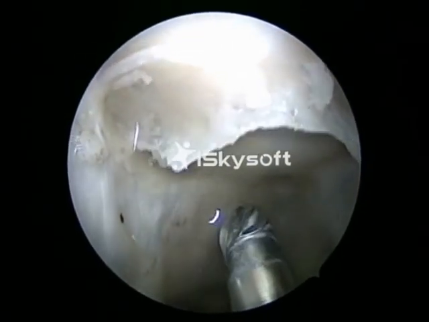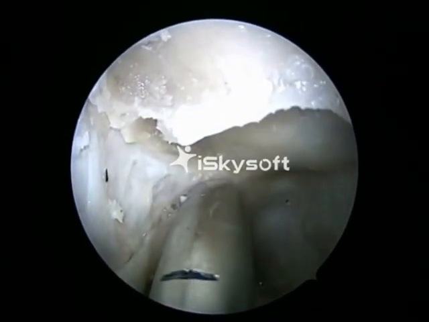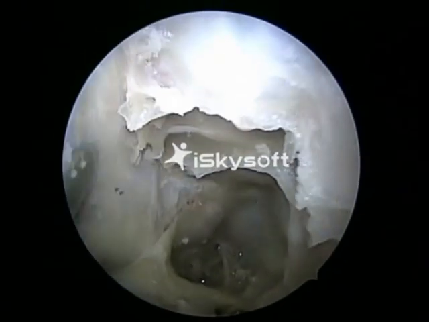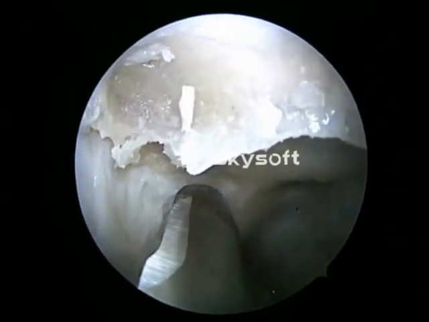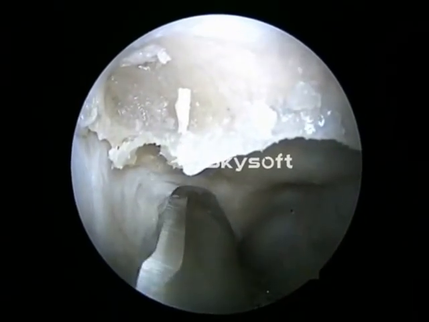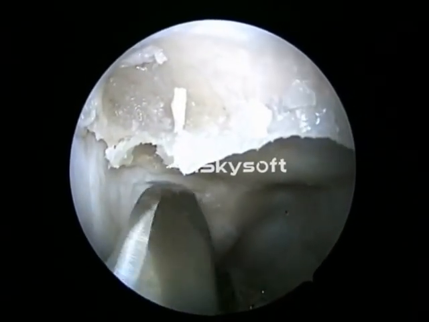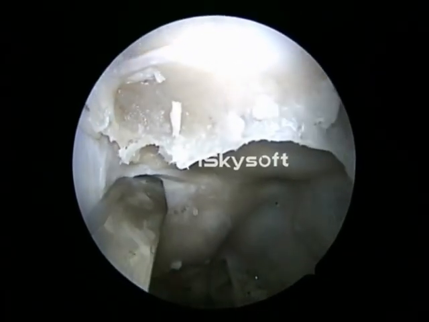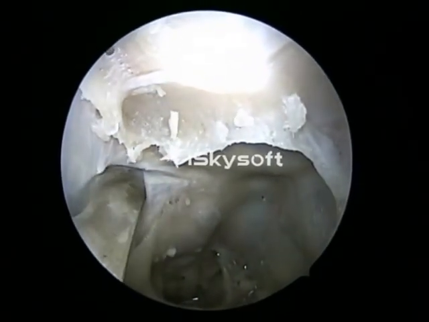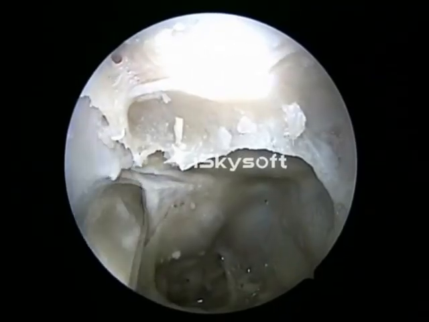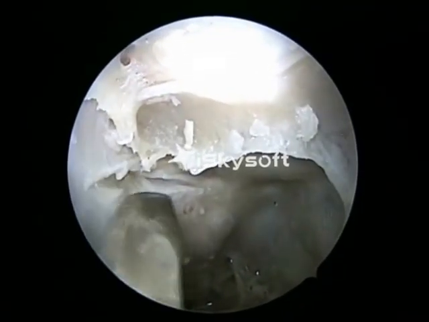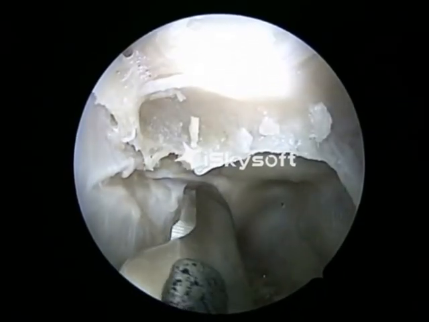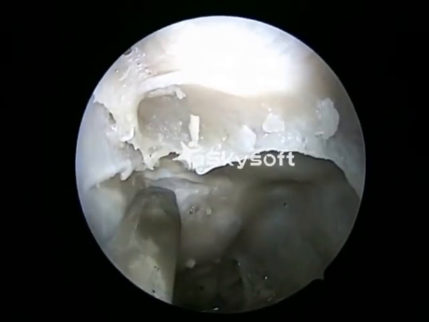We are now using a drill and then a Freer's elevator. And once the bone is taken off, we incise the sheath. The incision of the sheath is given from the 1 to 3 o'clock position on the right side and 9 to 12 o'clock position on the left side. Now you can see that we are incising the sheath, and this completes the optic nerve decompression.